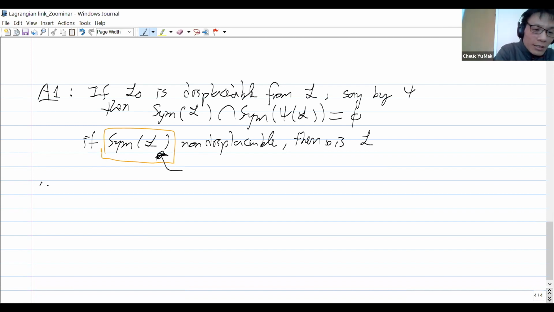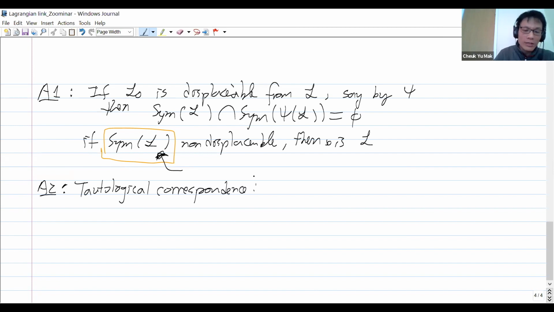And now I want to explain how the holomorphic curves in symmetric products and holomorphic curves in the original manifold are related. They are related by something called the tautological correspondence. It appears in a lot of work, for example in the work of Donaldson, Smith, Perutz, Seidel and Costello, and so on.